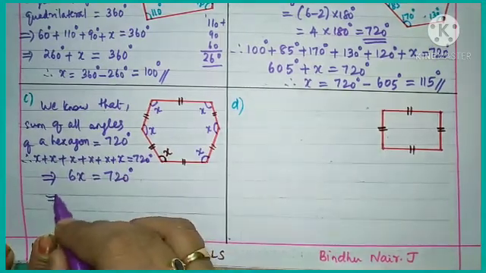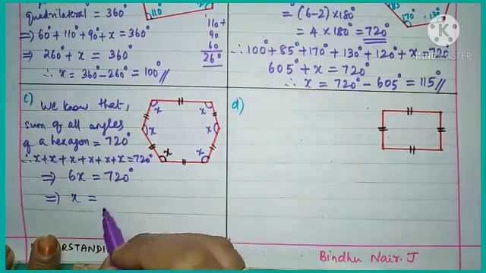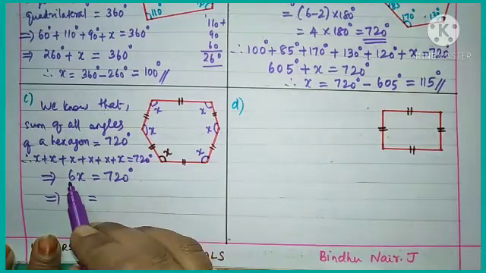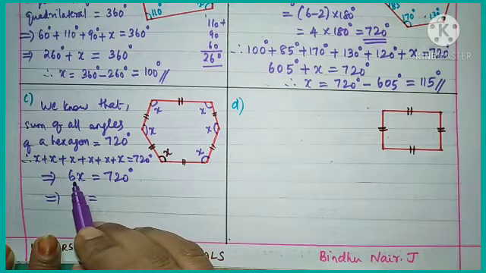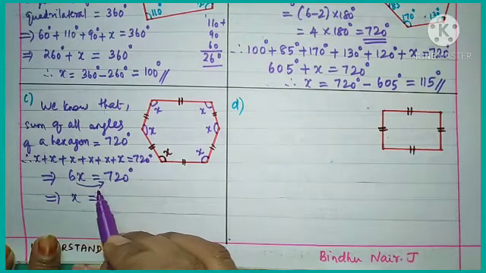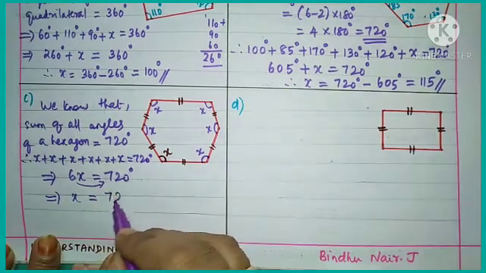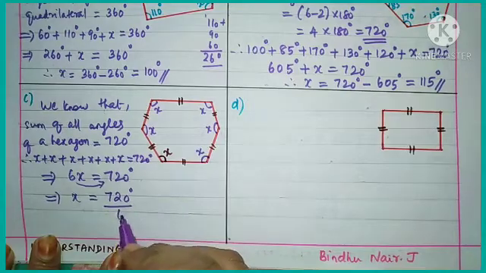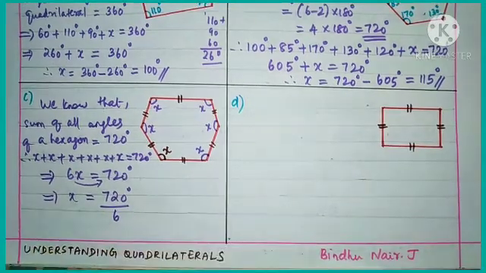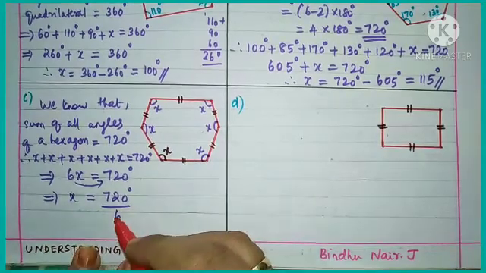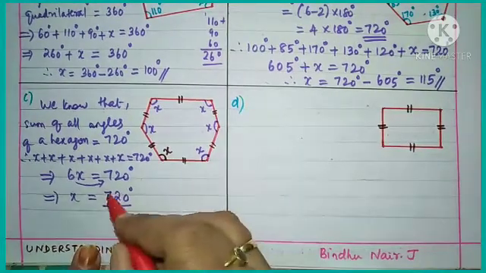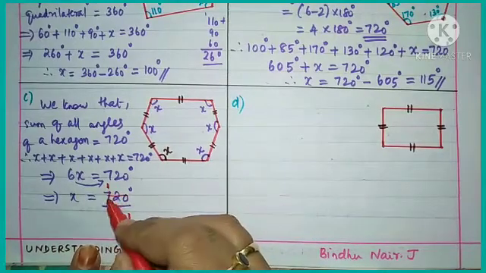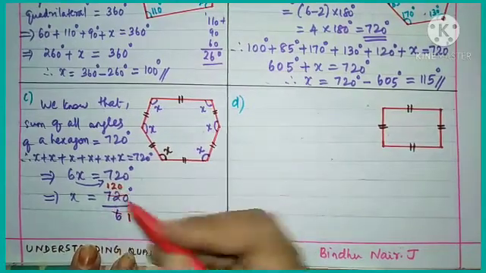Now how will you find out x, children? We studied in linear equations, 6 into x, so when 6 is transposed here it becomes division. So 720 degrees by 6. Now you can cancel. How many times? 6 table, 1 6 is 6, remaining 1, 2 6 are 12, 0.